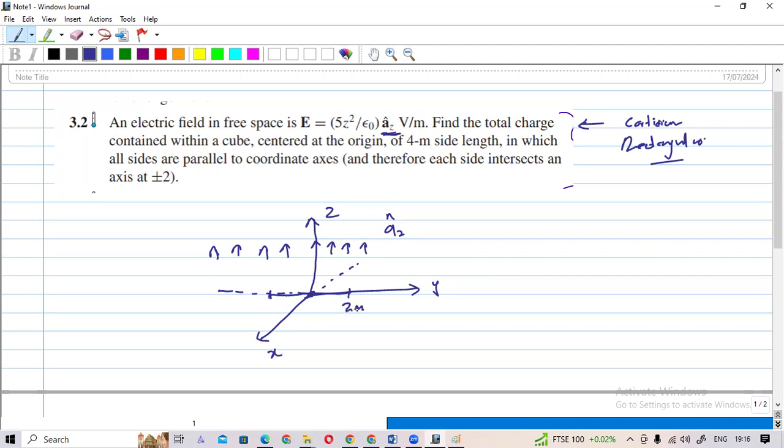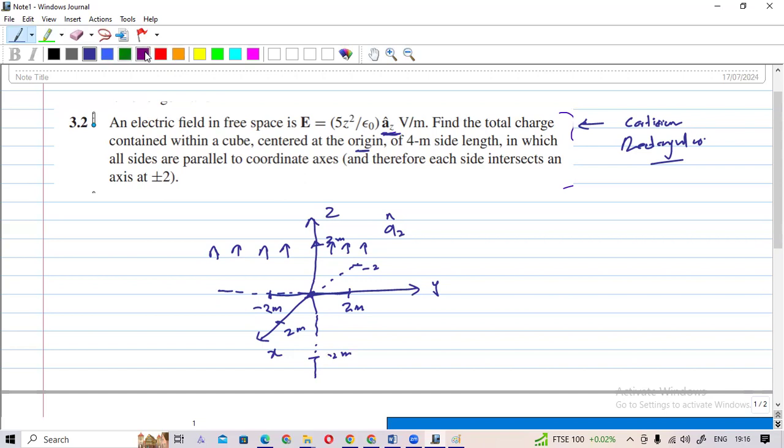So this will be 2 meter, and this will be minus 2 meter because the center is at the origin. So here also 2 meter, minus 2 meter, 2 meter, minus 2 meter.